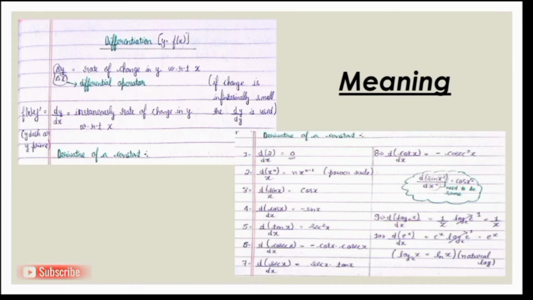So this will evaluate into cos x square, as we have seen that d sin x upon dx is cos x. So d sin x square upon d x square evaluates into cos x square. You all have to learn these rules. Now let's move to the basic rules of derivatives through which we'll be able to solve some questions.